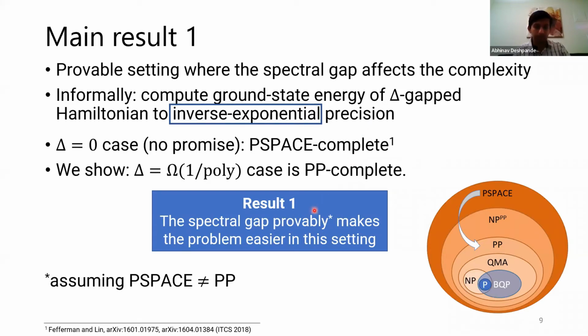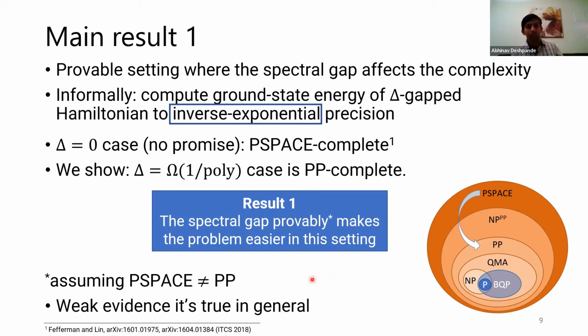Of course, this assumes that PSPACE is not equal to PP, which is, I would say, a fairly reasonable assumption. So we think that this is weak evidence that it's true in general, meaning that the spectral gap makes the problem easier, even outside of the inverse exponential precision setting.